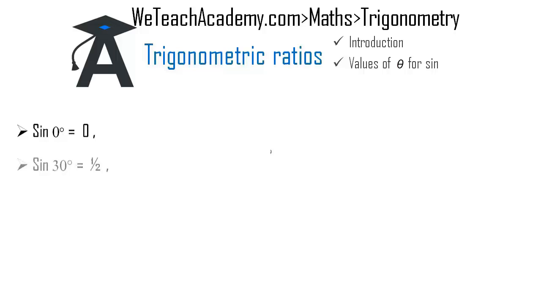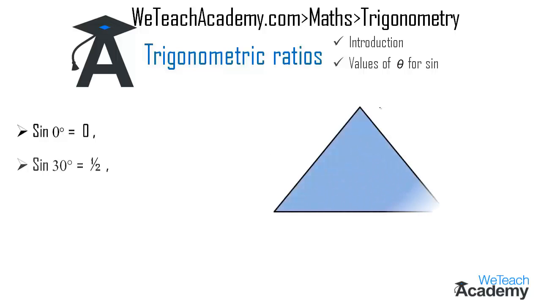And now let us proceed and find whether sine 30 degrees is equal to 1 by 2 or not. In order to prove, let us consider an equilateral triangle ABC with a side 2A. Then draw a perpendicular line AD from the vertex A to the base BC.